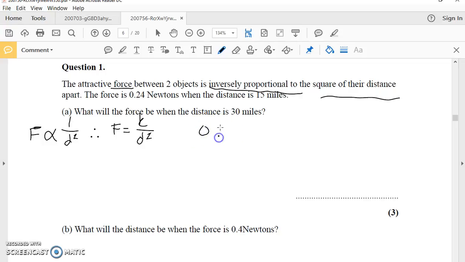So, I know force equals 0.24 newtons when I have k over 15 squared. So I end up with 0.24 equals k over 225. I'm going to multiply both sides by 225.